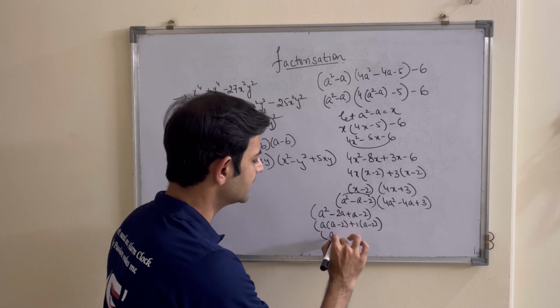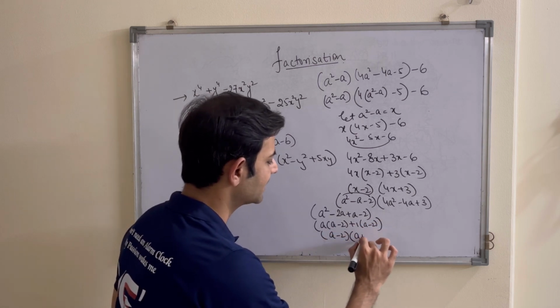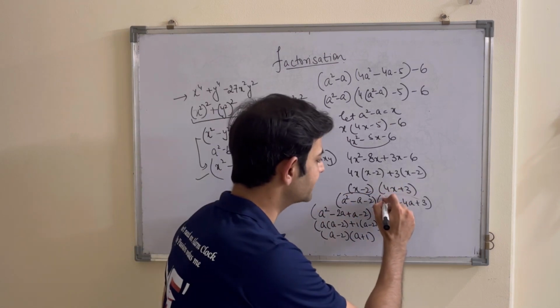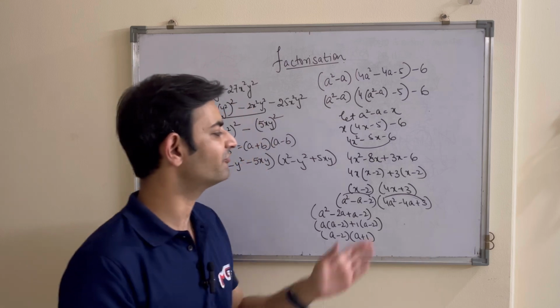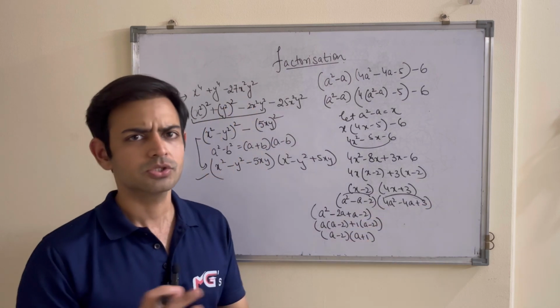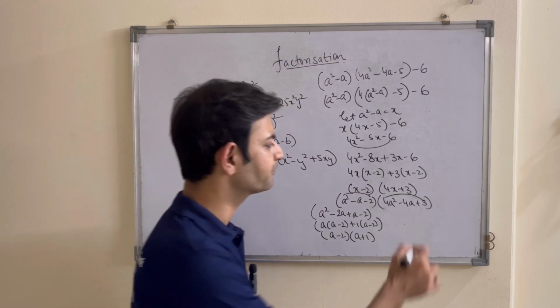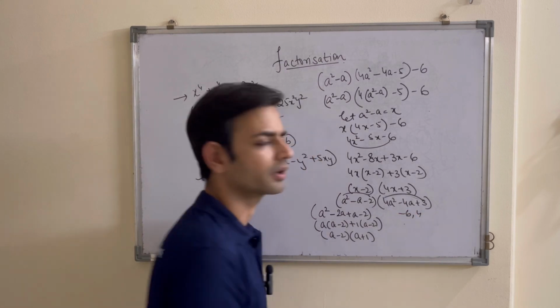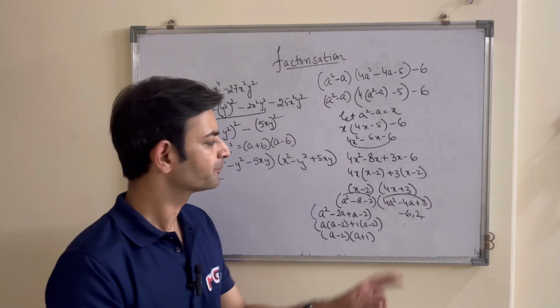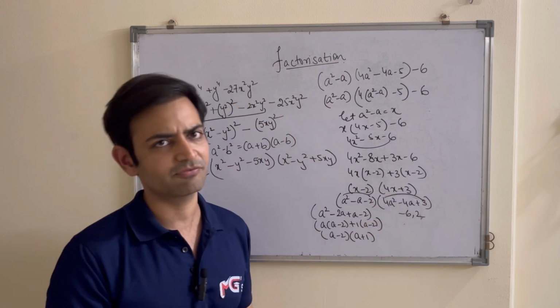So we have here a minus 2 and a plus 1 as the factorized form of this part. Similarly, let's check for the other bracket, where on multiplication I should get 12a square, and on addition I should get minus 4a. So you can always think of maybe minus 6 and 4, or minus 6 and 2, sorry. But if you see minus 6 and 2, on addition you will get minus 4, that's fine.